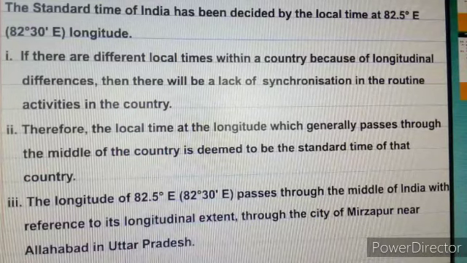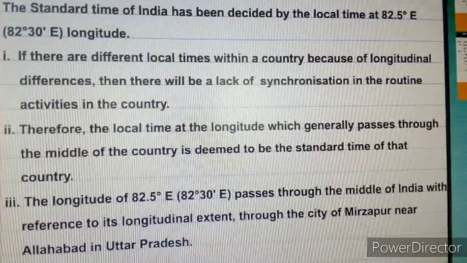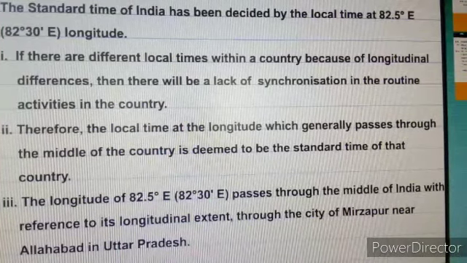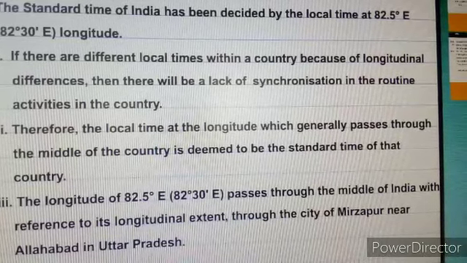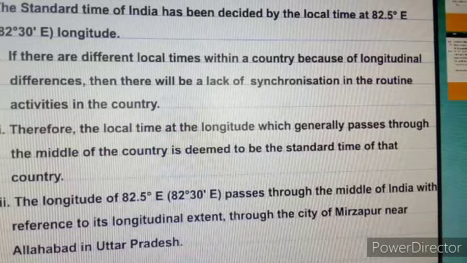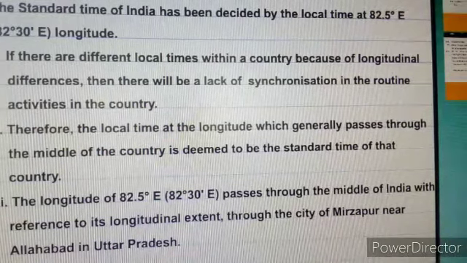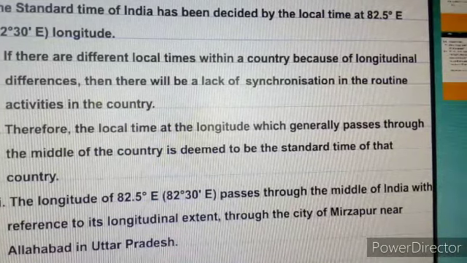Third point, the longitude of 82.5 degree east passes through the middle of India with reference to its longitudinal extent, through the city of Mirzapur near Allahabad, Uttar Pradesh.